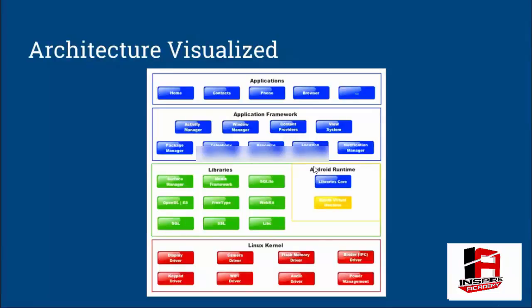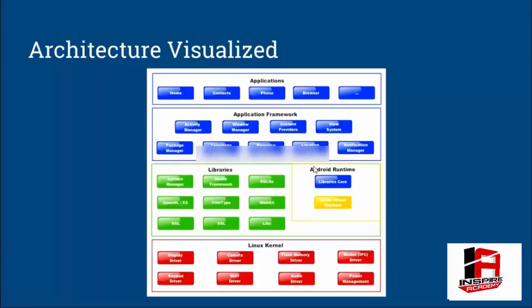Great. So above that we have our application framework, which, as I said, allows us to interact with the location of our phone, or the telephony manager, which is how we make phone calls and manage all that kind of good stuff. Those are the little packages or blocks that we are going to grab and interact with when we want to do any of these specific types of things.